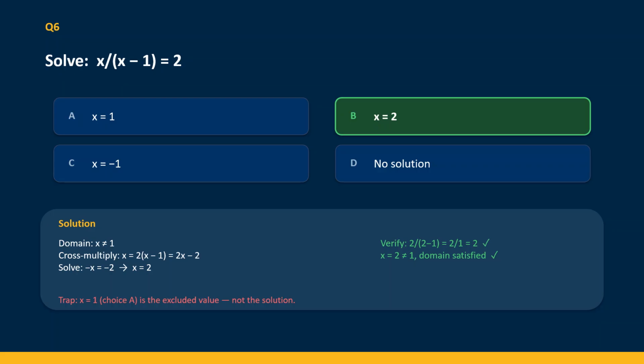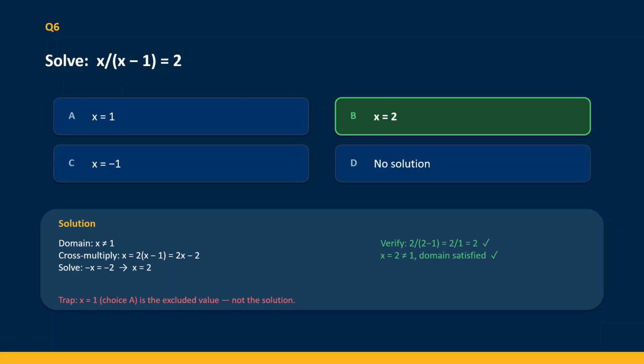The domain restriction is x not equal to 1, since x - 1 appears in the denominator. The candidate x equals 2 is not equal to 1, so it satisfies the domain restriction and is a valid solution. Verification: 2/(2 - 1) equals 2/1 equals 2, confirming the answer.